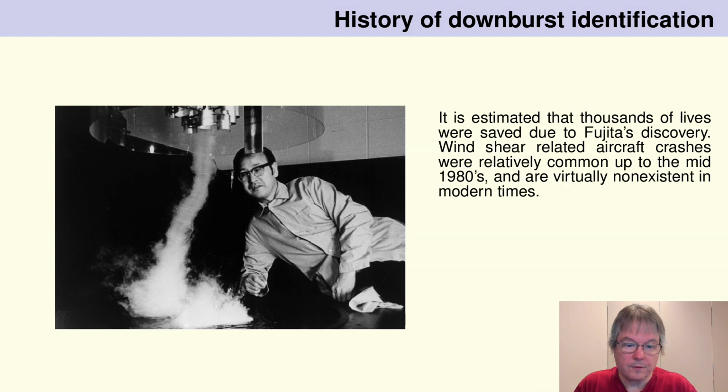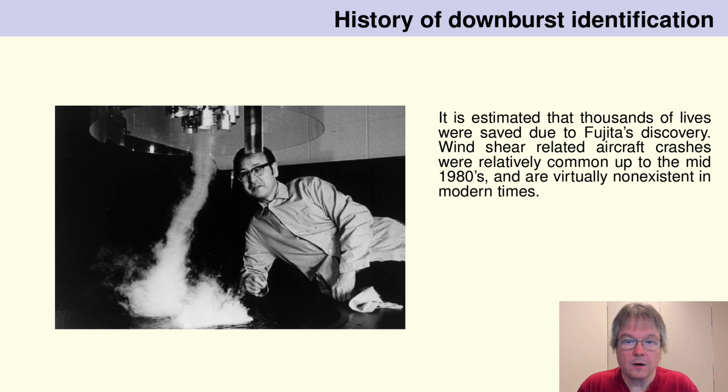So following Fujita's discoveries of real downbursts, they started putting radars at airports, because a primary reason for studying downbursts is the wind hazard they present to aircraft in the landing and taking off stages of flight. In the 60s and 70s and even 1980s, it was not all that uncommon for aircraft to crash in the case of experiencing thunderstorm winds from downbursts.